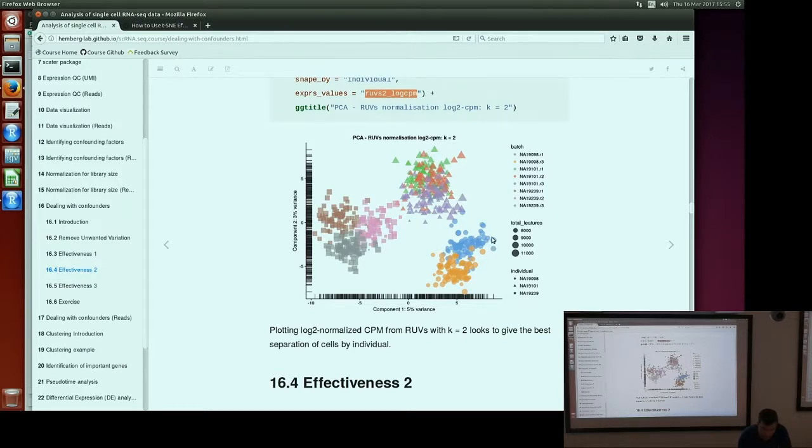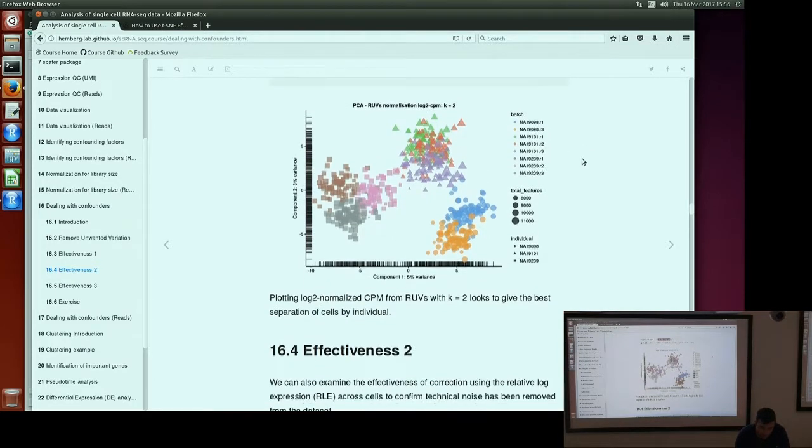But for the other individuals, they're broadly clustering together, but the individual batches per individual are still quite distinct. So of these 4 approaches, RUVg with K equals 1 or 2, and RUVs with K equals 1 or 2, RUVs with K equals 2 gives better results in this view, although perhaps it's not quite the end point of where we'd like it yet.